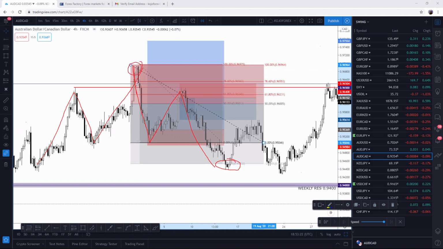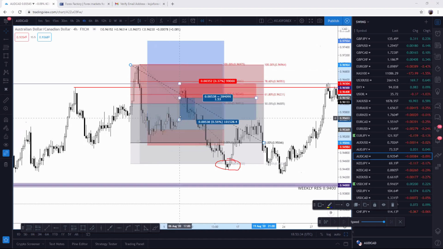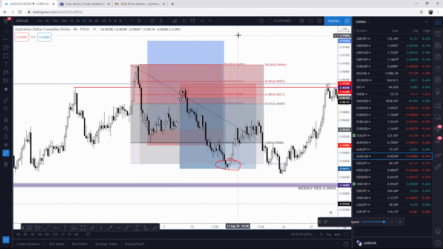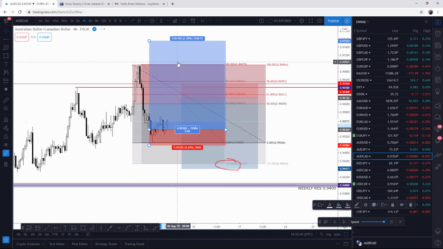But this one is a push down, a retracement, and then a fib extension here, right? So fine, we have a long position from the down, but again we have a short position from the top, right? So this is how the setup would clearly look if we're using the replay tool.